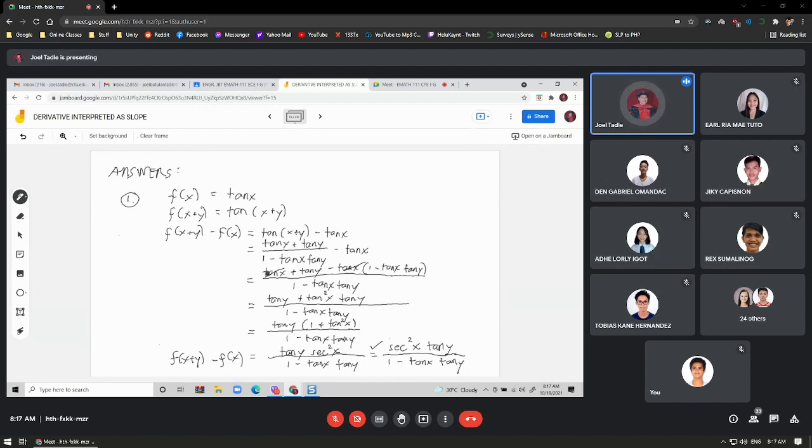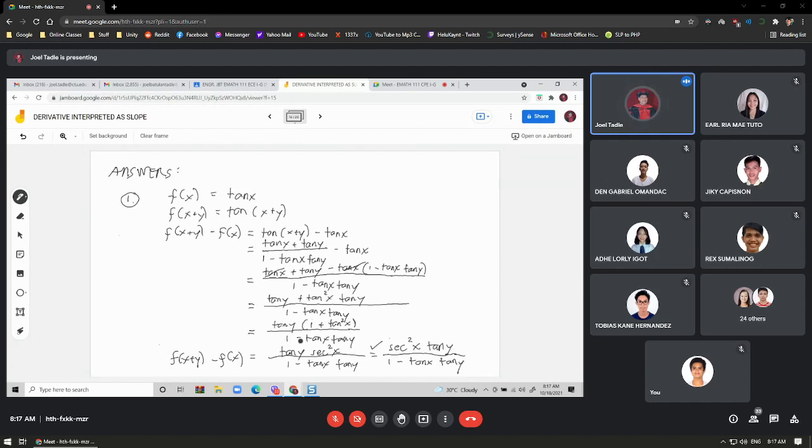Then we combine, and tangent x minus tangent x cancels out, that's 0. So the remaining expression in the numerator part is tangent y plus tangent squared x tangent y, then over the LCD. Then factoring out the common term in the numerator part, which is tangent y.